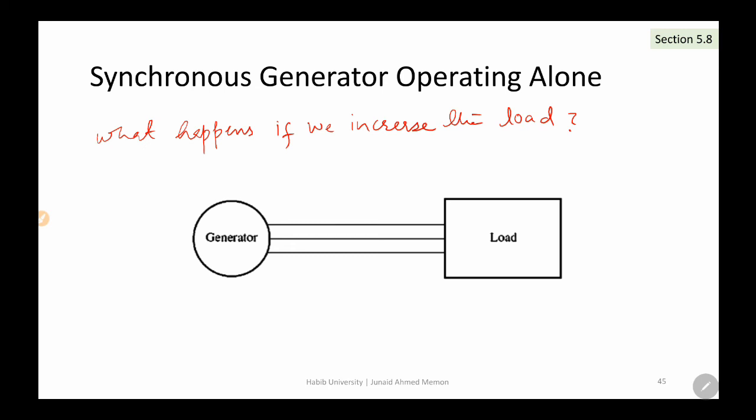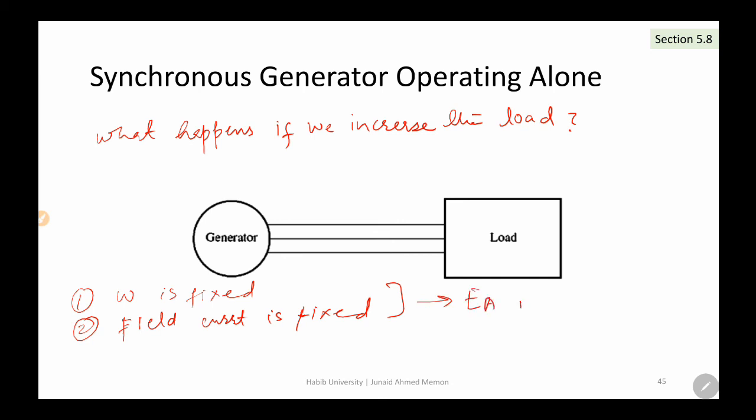Assumption number one was that omega is fixed, meaning the prime mover is rotating the shaft at a constant speed. Secondly, the field current is fixed, and so it means that the magnitude of EA is fixed.